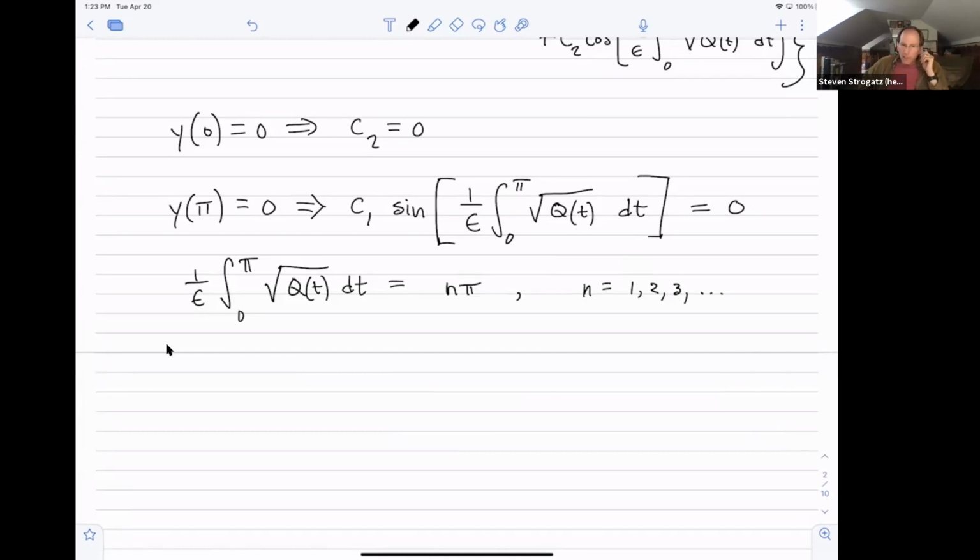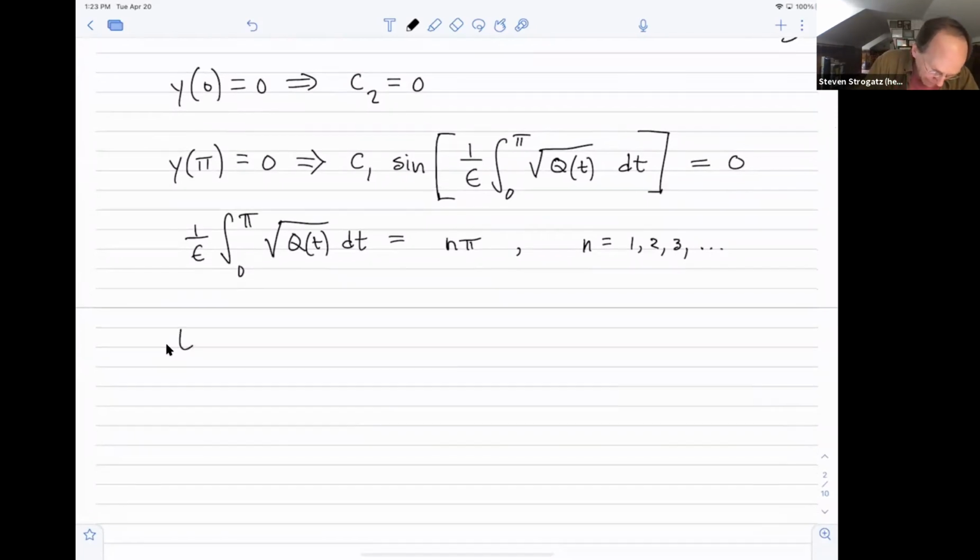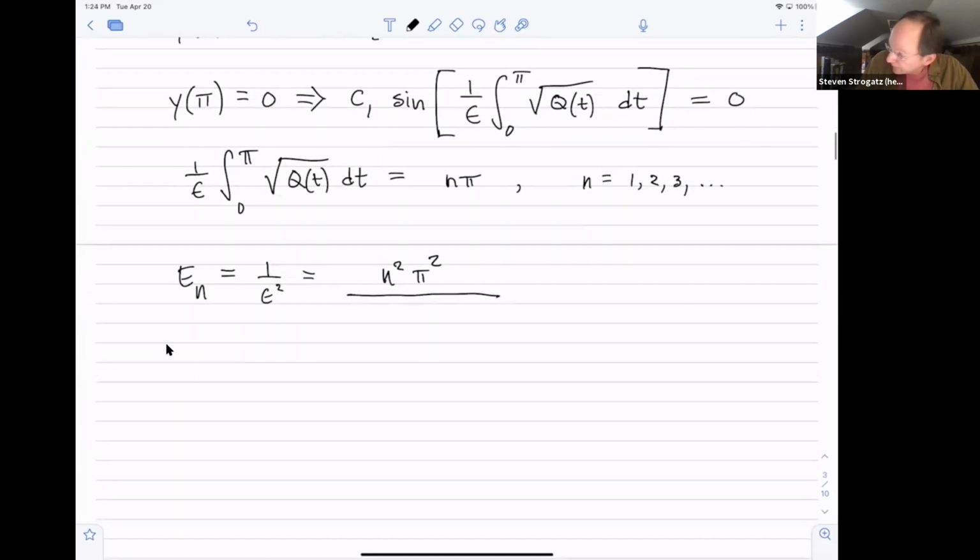But now remember that epsilon was defined as having a relationship to E. E sub n, the eigenvalue that we're interested in, that would be 1 over epsilon squared. And according to this condition, then, that's going to be n squared pi squared all over this integral from 0 to pi of square root q of t dt, that whole thing squared.